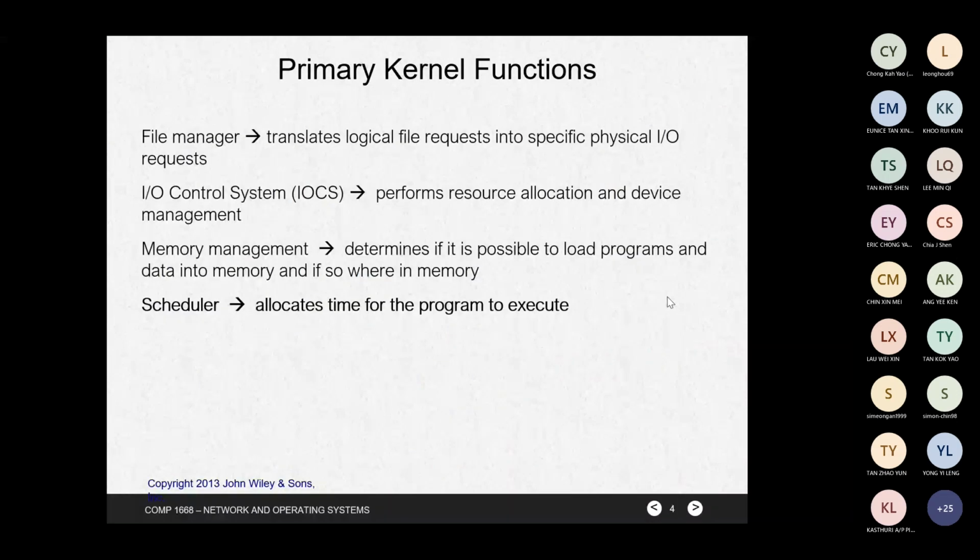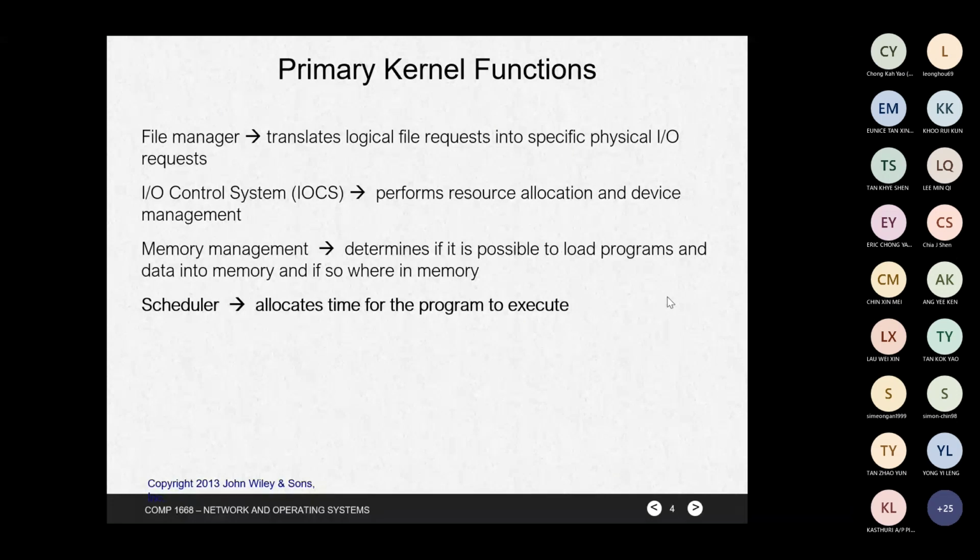We did discuss the primary kernel functions as of last week or the week before. So by now, all of you should understand how the file manager in our operating system works, either MS Windows 10 or Windows 8 or Linux or even Unix, if you're familiar with it.